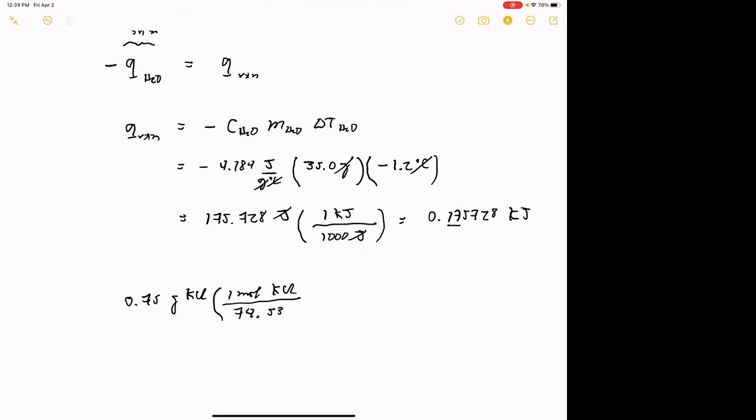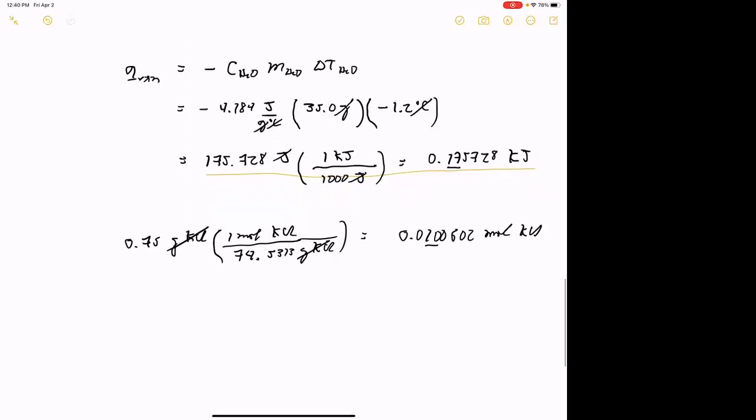That's from the periodic table. Grams of KCl. Okay, so grams cancel with grams, and I'm left with 0.0100602 moles of KCl. Okay, and that's going to be good to 2 sig figs, so 0.010 really.